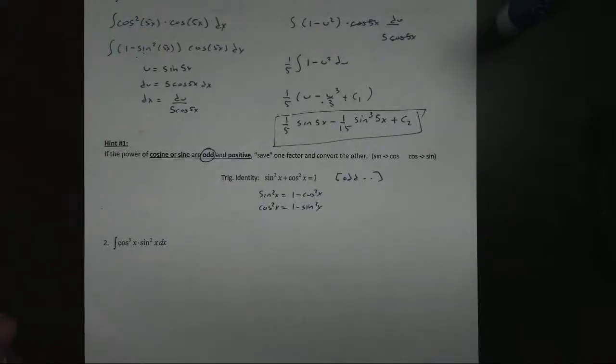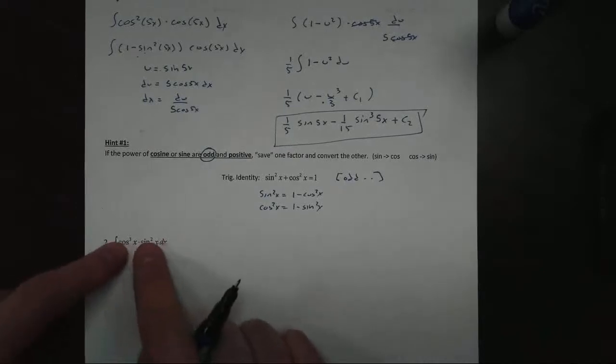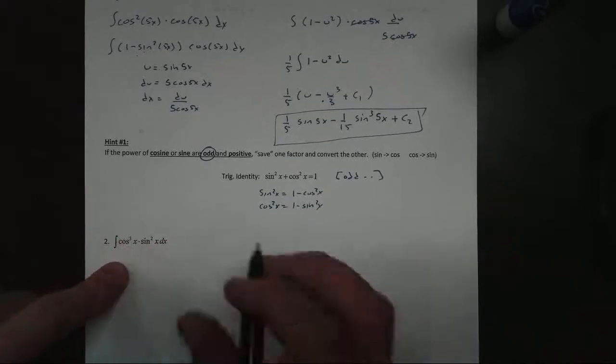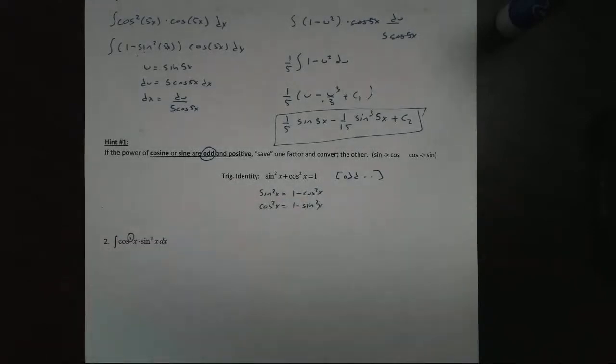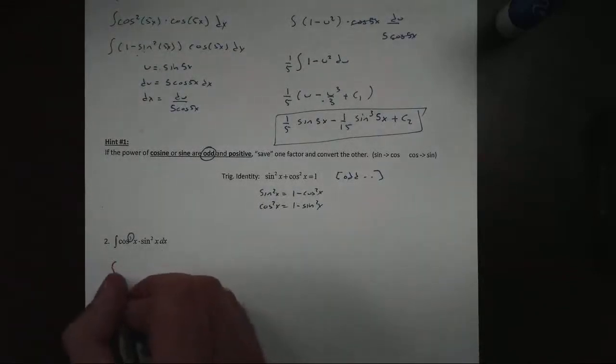Now, here we have an example. Oh no, I have cosine cubed and sine squared. One's odd, one's even. It doesn't matter about the even one. It's the odd one that we care about that makes it tricky. There's my odd power. So what I'm going to do is take out one of those powers.